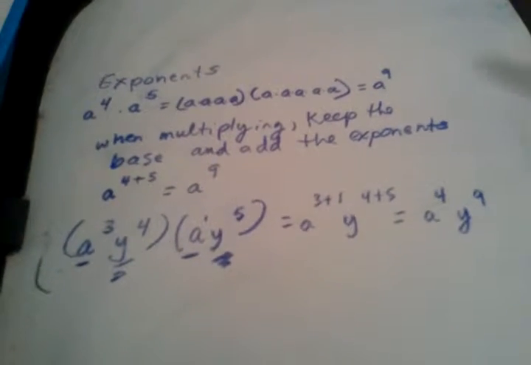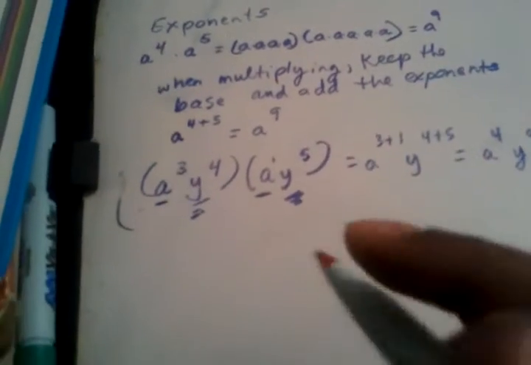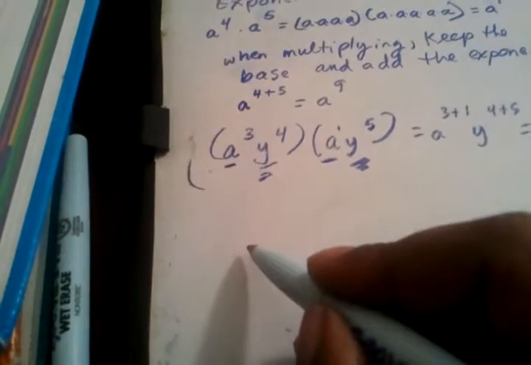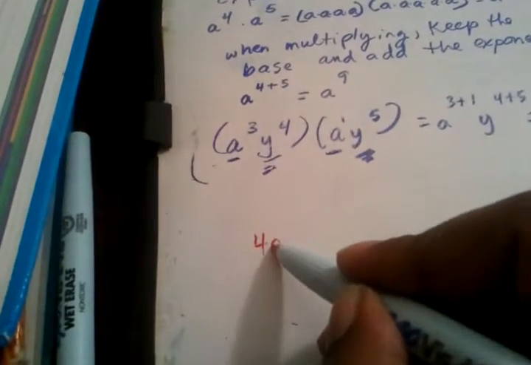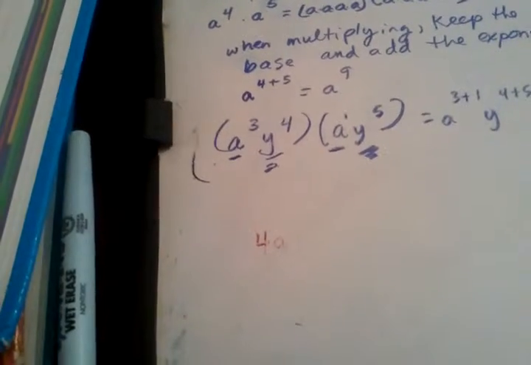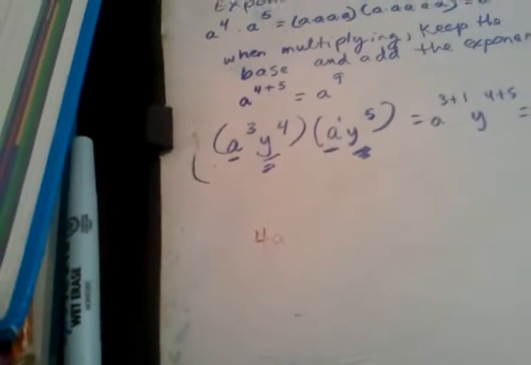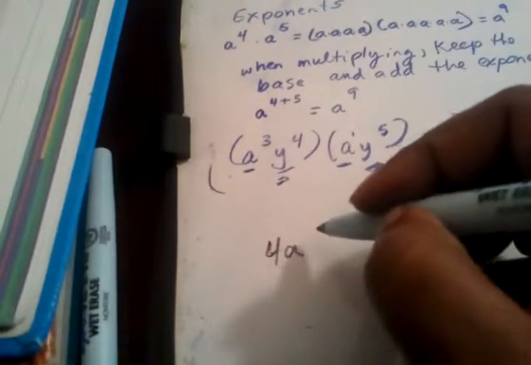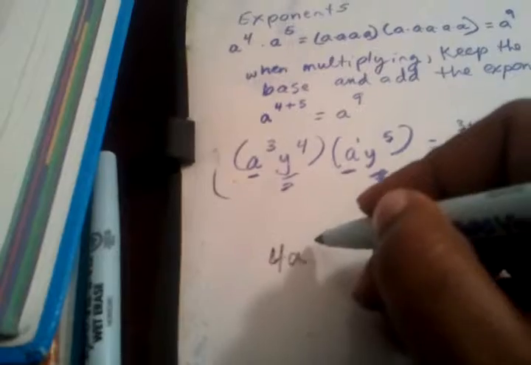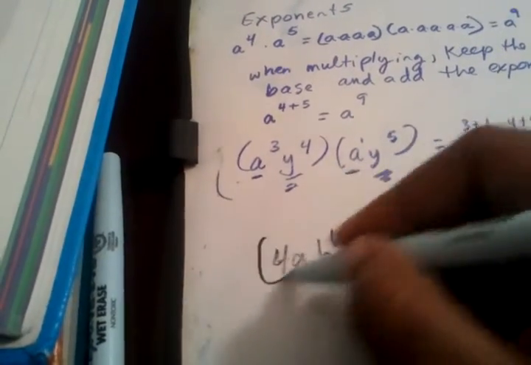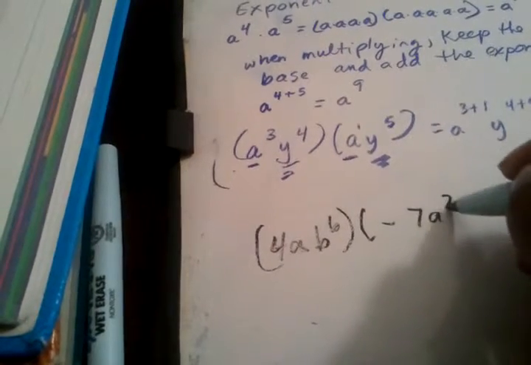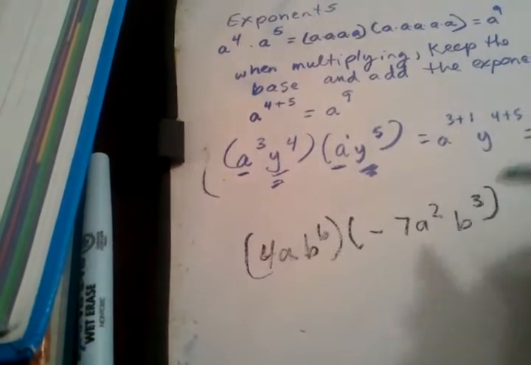All right, let's look at one more example and get off of this. All right, so let's say if we had 4a, that red doesn't work good. I'm gonna go to black. Let's say we have 4a b to the 6 times negative 7a squared b to the third.